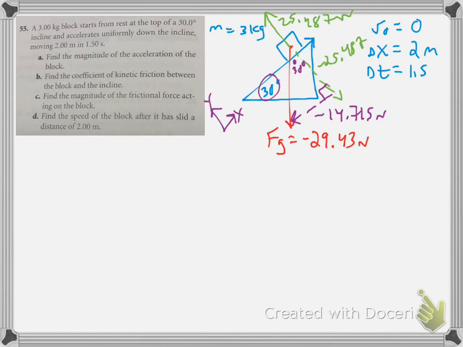Alright, so far that's all I've been able to figure out. The rest of it I'm going to have to do some calculation. Well, the first step, it says find the magnitude of the acceleration. And I know you're going to want to try to do F net equals mass times acceleration, but we don't know the net force. This is actually where you're going to have to use your kinematic equations. And there's a clue word in here: uniform acceleration.